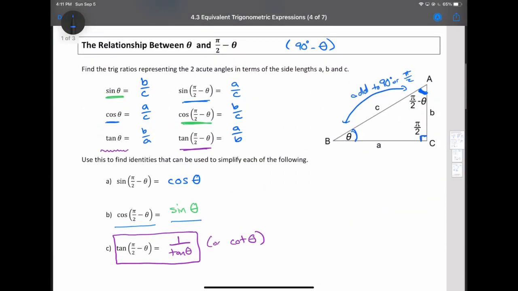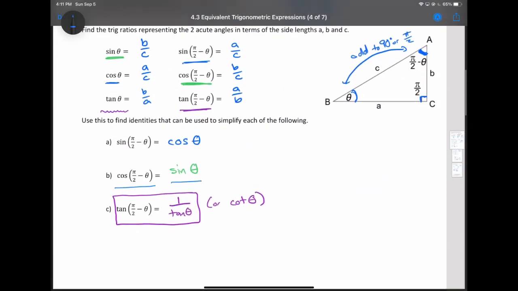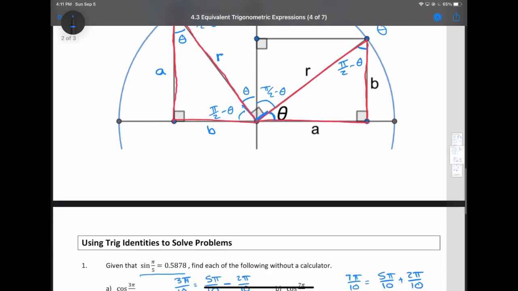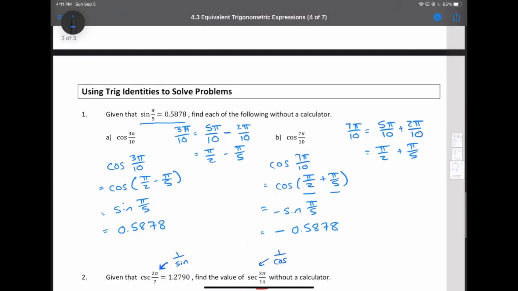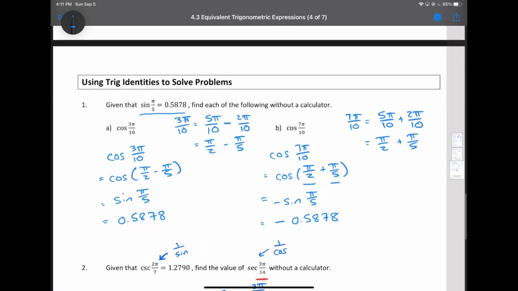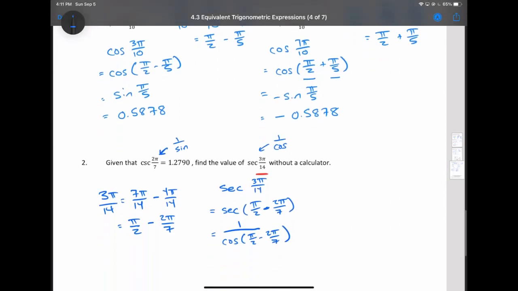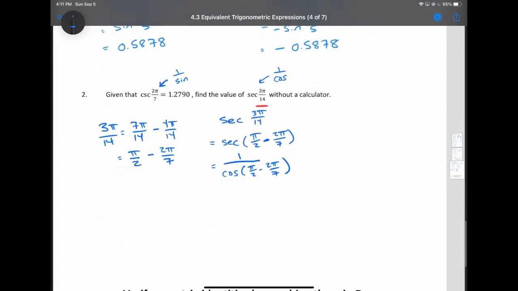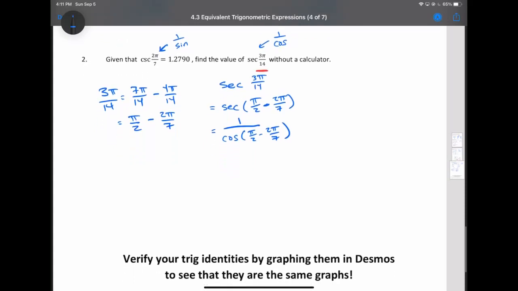All the way back here. Cos of pi over 2 minus theta is equal to the sine of theta. By the way, there's a trig identity sheet that I'll post, and you can take a look at it to refer to for all these, because I'll be honest, I don't remember them off the top of my head. I can derive almost all of them from scratch, but to use them, you want them a little faster than that.